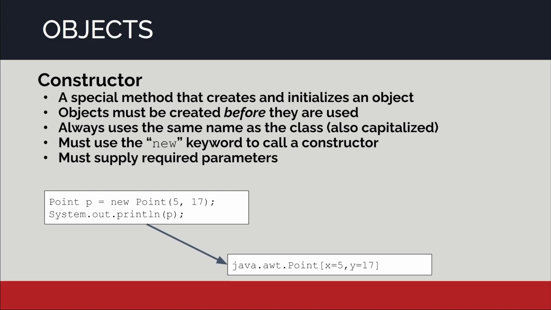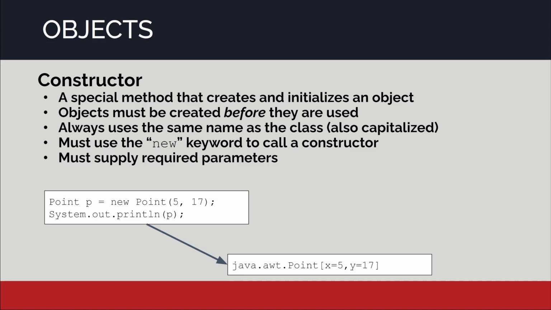You have to use a special keyword when you're calling the constructor method, and that keyword is new, N-E-W. It's a reserved Java keyword. You can't use it in your own method names. New is particularly reserved for creating new objects.